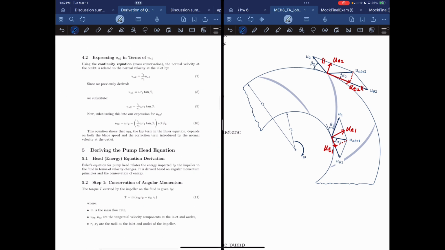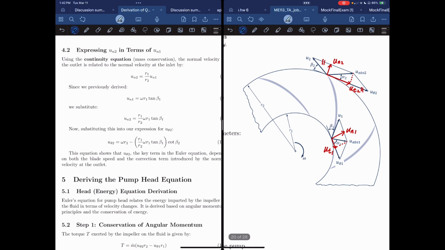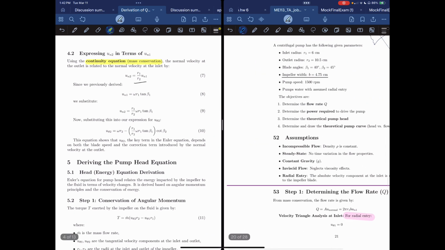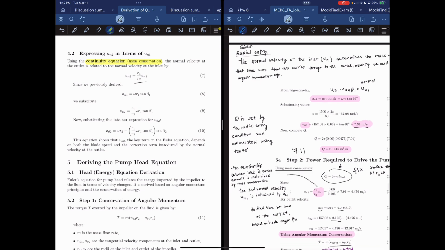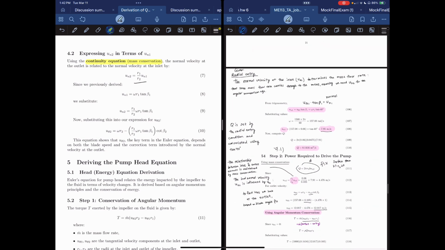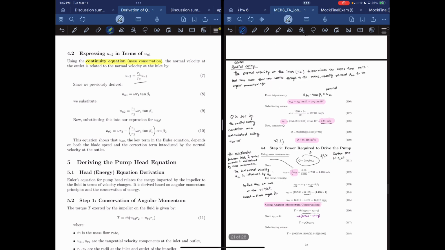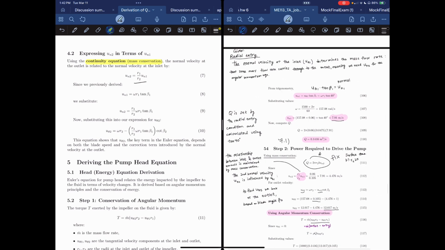And this ratio is due to the mass conservation, the continuity equation, because I wrote it. I don't know if I posted this, but it's here. I posted a different version, but if you want me to post this, I can.